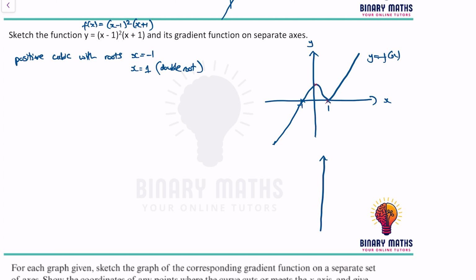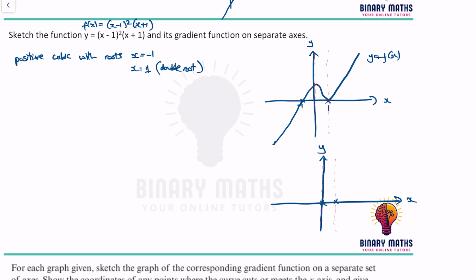So that means stationary points, because let's draw the sections in. Because the stationary points are at those points, we have x-intercepts at those points as well in our graph for y equals f dash of x.